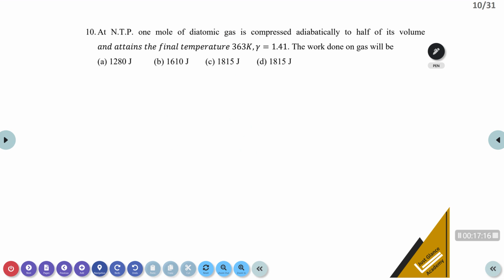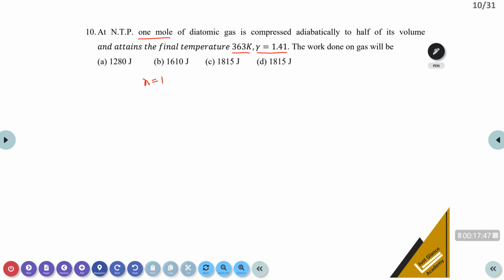Next, the 10th one. At NTP, normal temperature and pressure, 1 mole of a diatomic gas is compressed adiabatically to half of its volume, that is, the volume is reduced by 2, and attains a final temperature of 363 Kelvin.